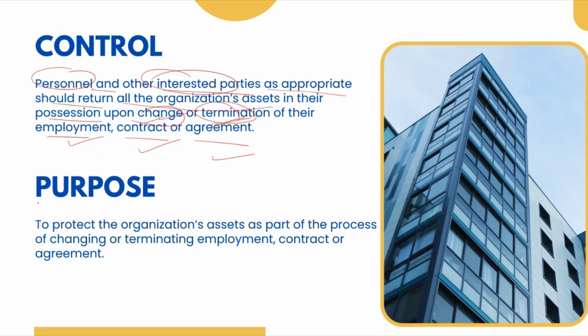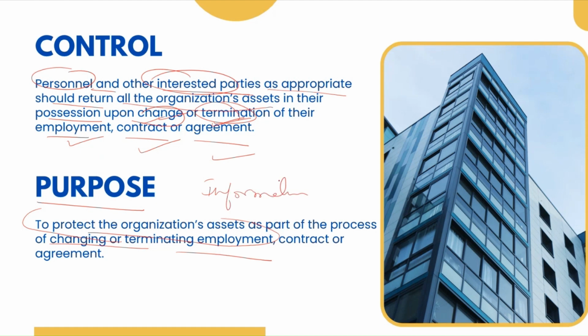Next is, what is the purpose? Why does ISO want to specifically call this out? The answer is very simple: to protect the organization's assets as part of the process of changing or terminating employment, contract, or agreement. It's only to make sure that you protect your organization's information and assets.